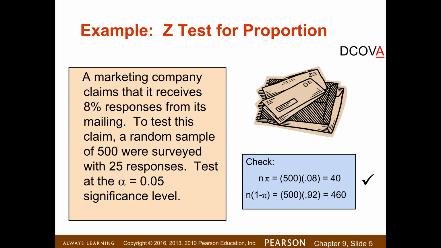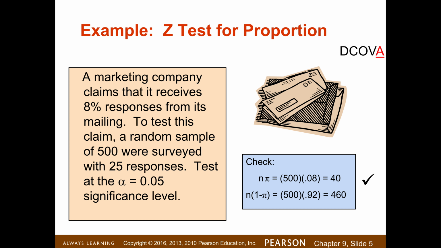If it says an average, average size of a bolt, average hotel cost in New York City, if it says something like that, it's a mean problem. But if it says 8%, so what I know here is the marketing company claims that it receives 8% of responses. So 92% of responses it doesn't receive, okay?